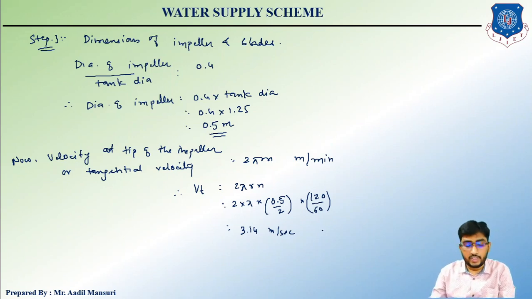Now as per the criteria, this velocity should be greater than 3. So is it permissible? Yes, therefore it is okay, right?